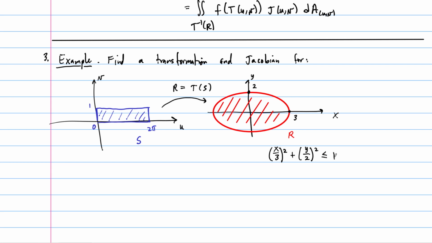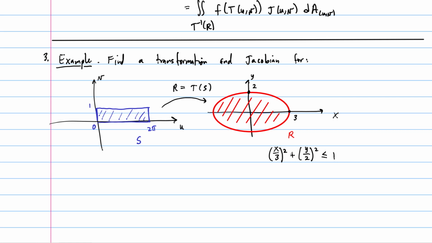That's the equation of the ellipse that passes through these points on its major and minor axes, and the less than or equal to fills in the interior of that ellipse. So this is the equation of R.